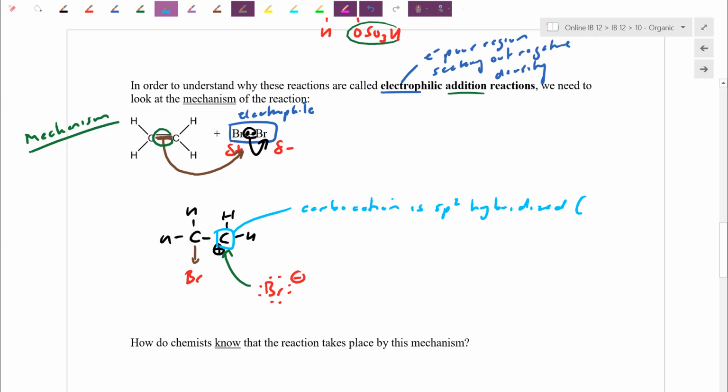And if you can think back to your grade 11 stuff, sp2 hybridized means it's actually trigonal planar. This part here is actually flat, meaning this bromide ion that got kicked off, which just so happened to be the negative end here, can actually attack from the bottom or attack from the top here.